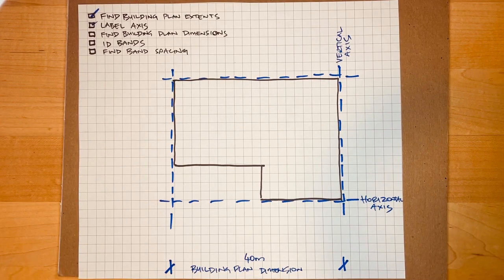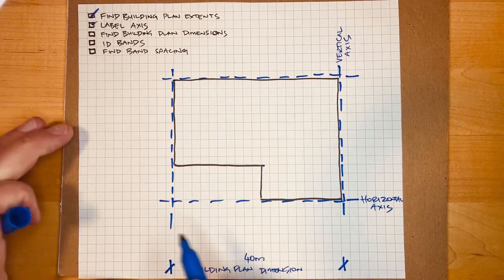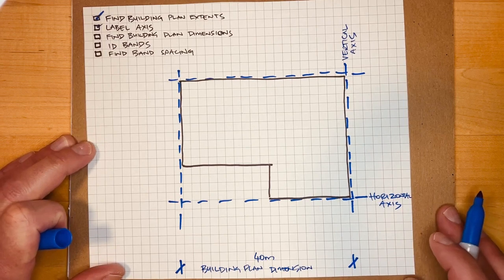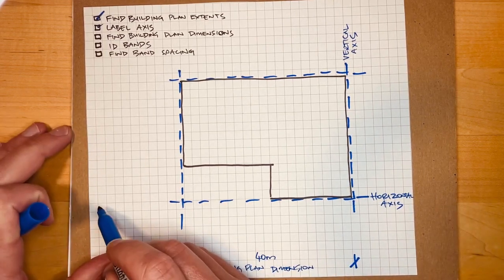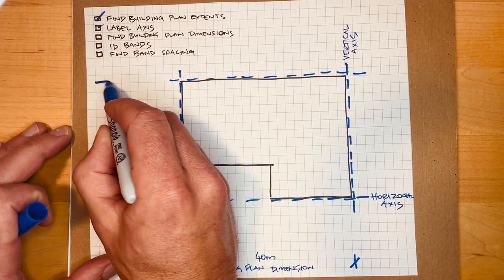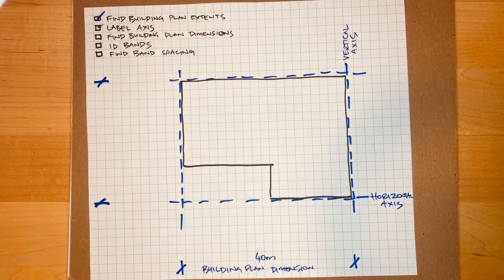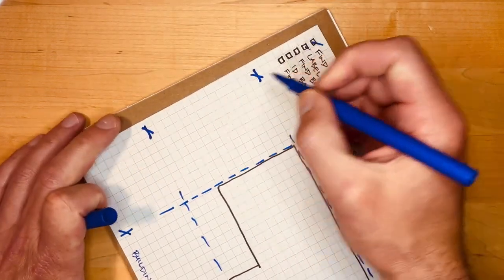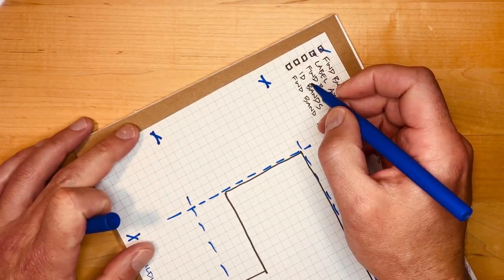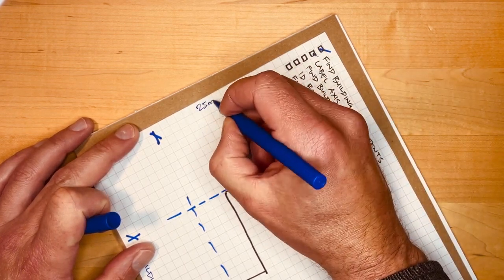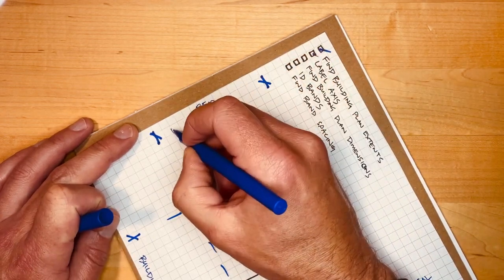Next, we need to consider the vertical axes. The same sort of process applies. Where do the extending rectangle plan extents intersect? And so we have over here and here. Hypothetically, let's call it 25 meters.